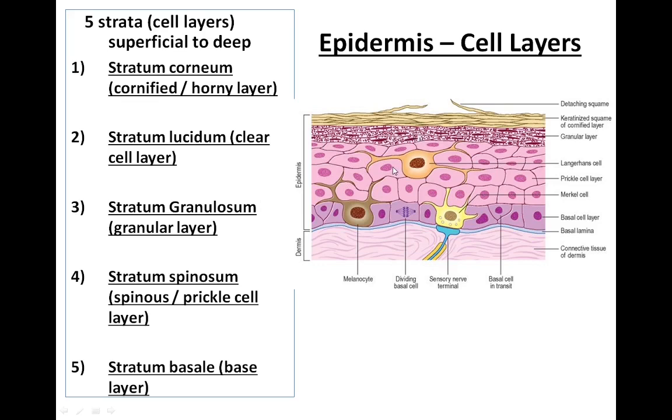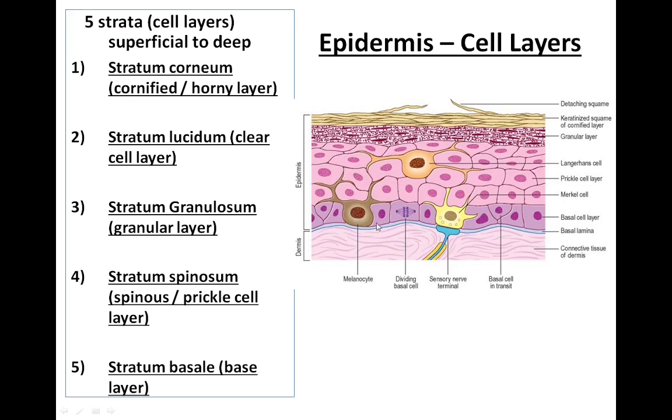Then stratum spinosum. In the stratum spinosum, most of the cells have some spinous processes, cytoplasmic spinous processes. These are the Langerhans cells. Then your melanocytes, they have some cytoplasmic processes. So stratum spinosum.